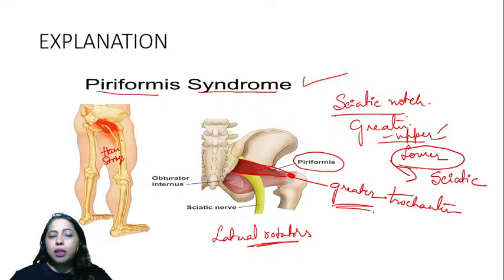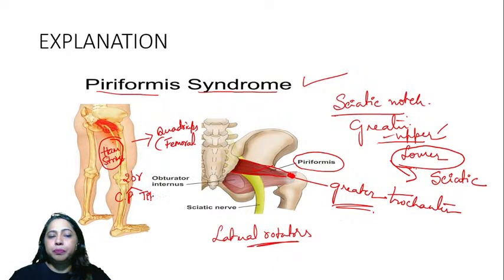Hamstrings are supplied by the sciatic nerve, but the quadriceps in front are supplied by the femoral nerve. Then the sciatic nerve comes down and divides into two branches: one is the common peroneal, the other is the tibial.